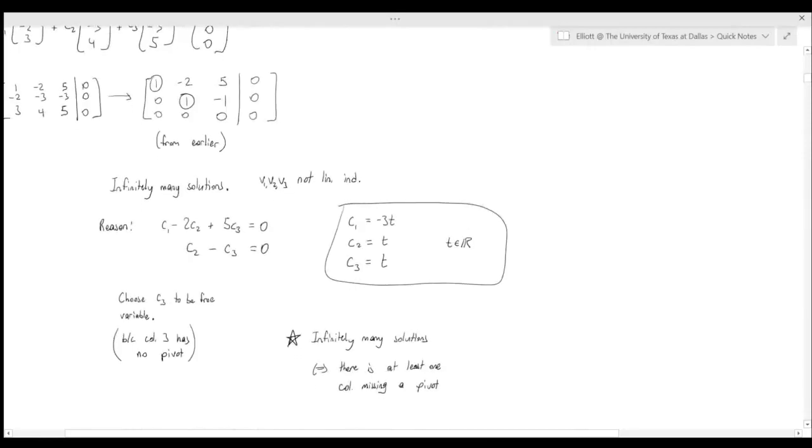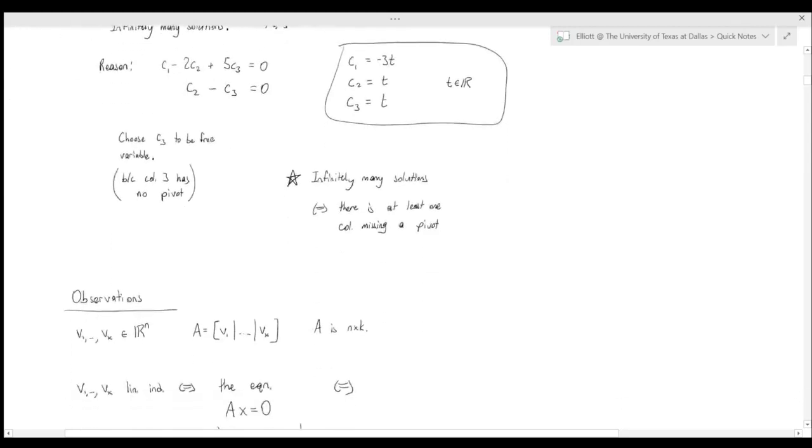All right, but then we talked about how you'll have infinitely many solutions whenever you have a column that's missing a pivot. So to have a unique solution, that would mean that every column has to have a pivot instead.